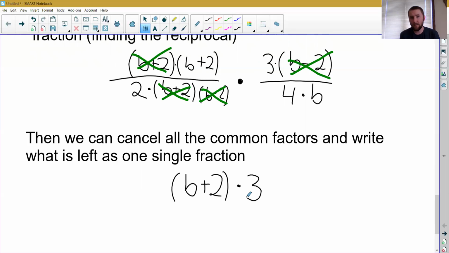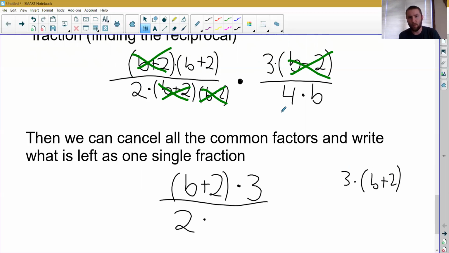Now, generally, we write numbers before anything with variables. So if you want to write 3 times parentheses b plus 2, that's okay. That's the same thing. That's probably how you would see it in an answer key. And then the denominator on the left is just a 2, and then it's multiplied by 4 times b.